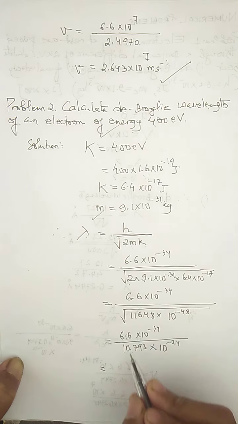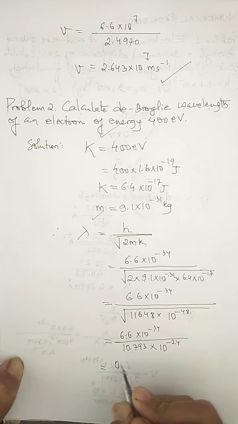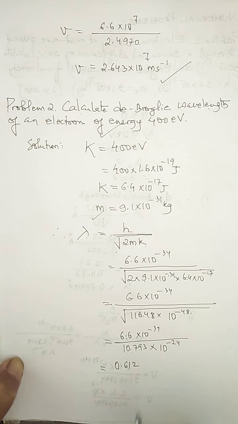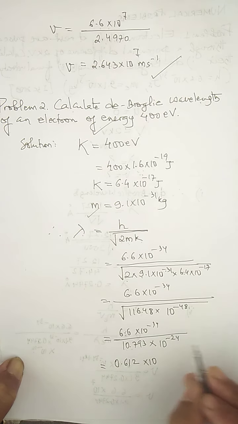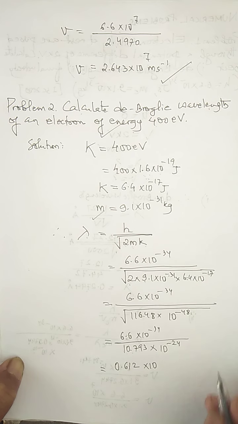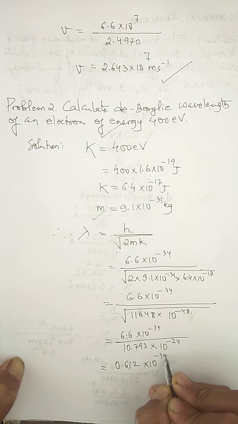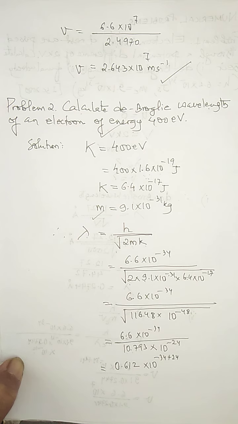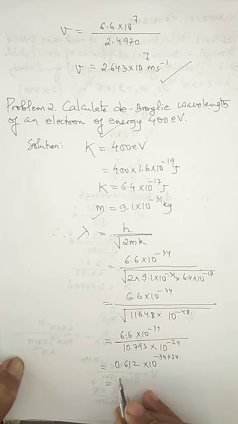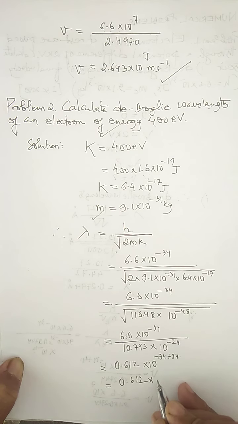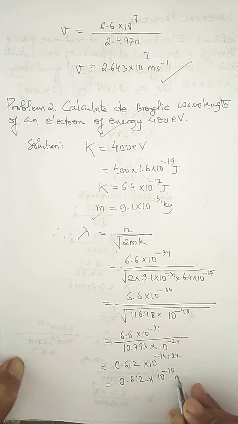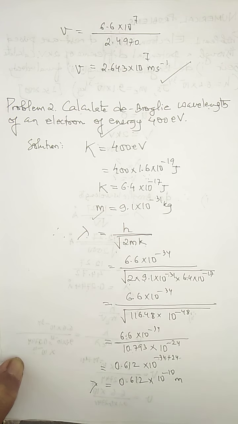So divide these two quantities, children. You get approximately 0.612 into 10 to the power minus 34, and taking the minus 24 to the numerator it becomes plus 24. Minus 34 plus 24 means minus 10. So I write 0.612 into 10 to the power minus 10, and this is the wavelength measured in meters.